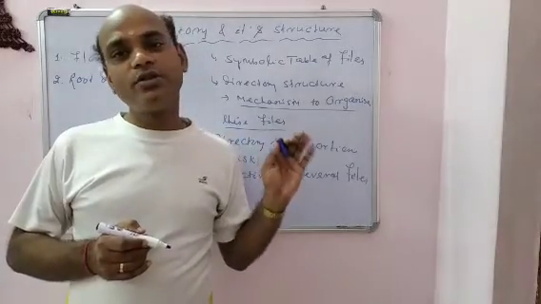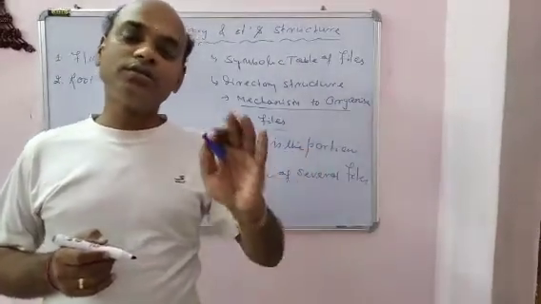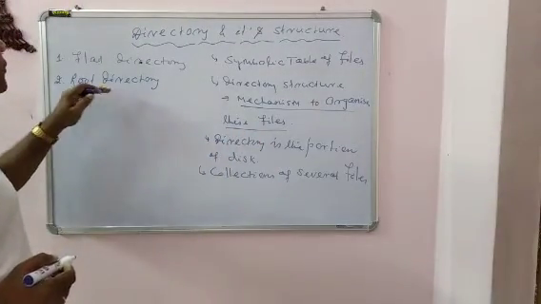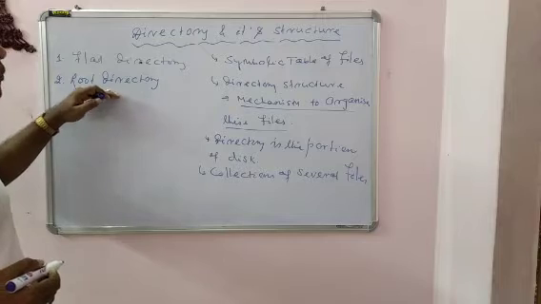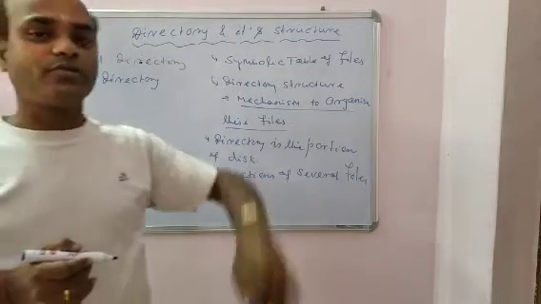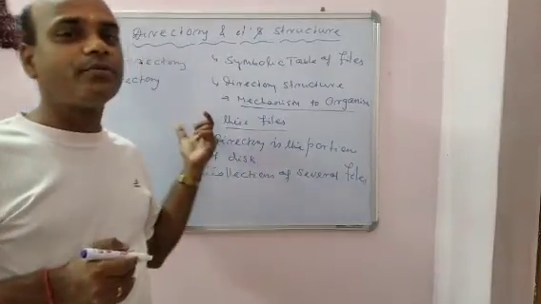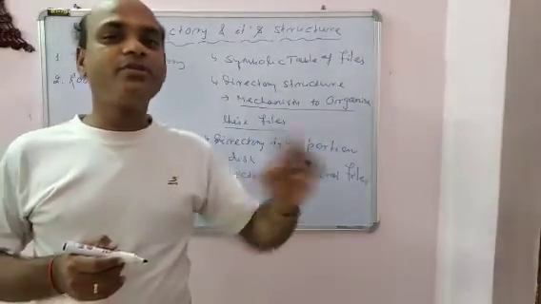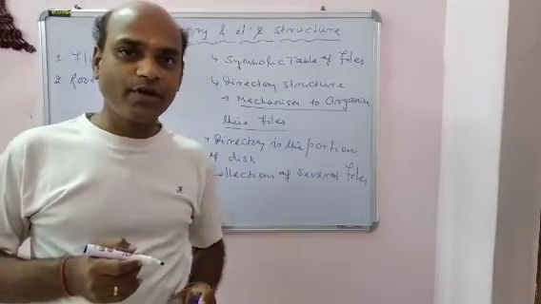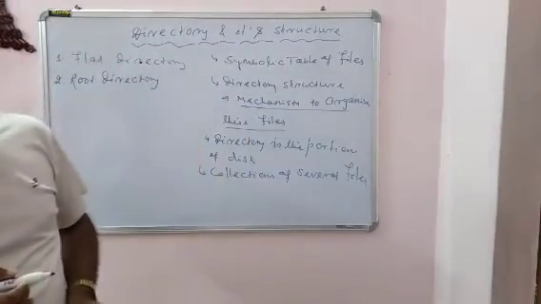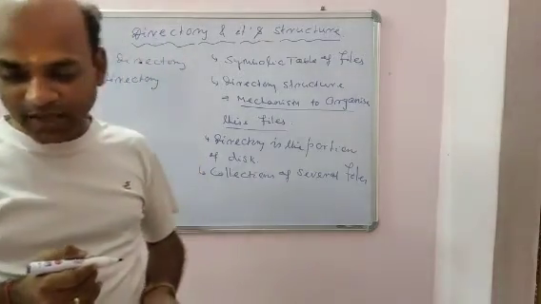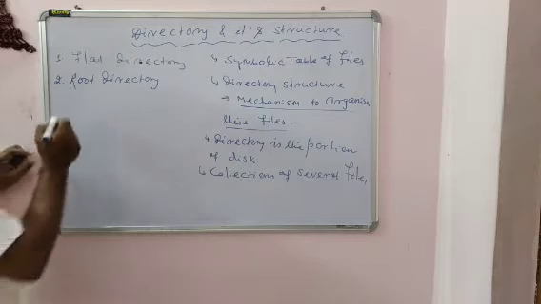The root directory cannot be the subdirectory of another directory. The directory which cannot be a subdirectory is the root directory. Normally it is used to store all system files. Another type is subdirectories.